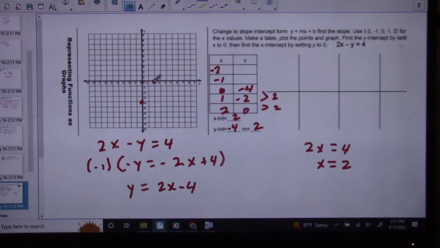And see, that's our x-intercept, right? And then if we go the other way, what's negative 4 minus 2? Negative 6, and negative 8. Once you have the intercepts, you can just go like this. So that's what it looks like, okay? Is that pretty good? Yes, sir. All right, good work.